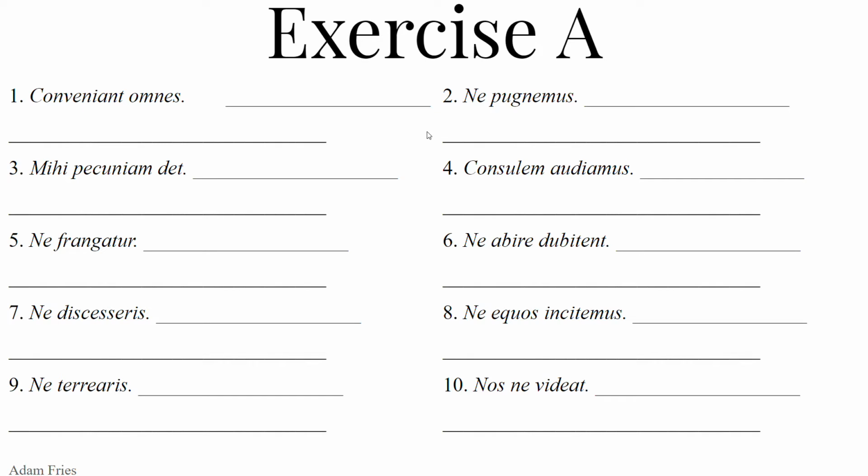Conveniant omnes. On this line, we are to tell which usage of the independent subjunctive we have. Conveniant, that's present tense, third person plural. So third plural, present active subjunctive of convenio, convenire, conveni, conventus. It's probably going to be a jussive subjunctive.